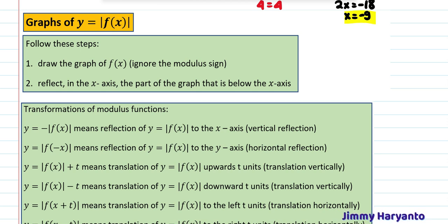So for the parts of the curve or the line which are below the x-axis, you have to reflect them in the x-axis. Which means it will go from below the x-axis to above the x-axis.